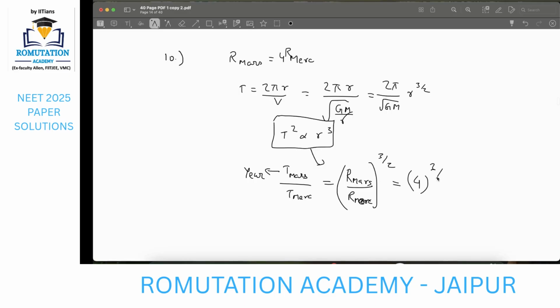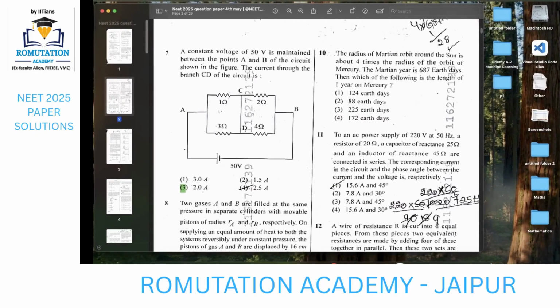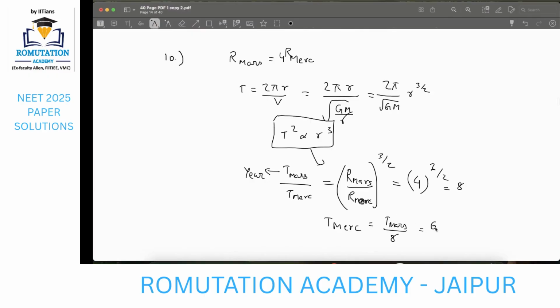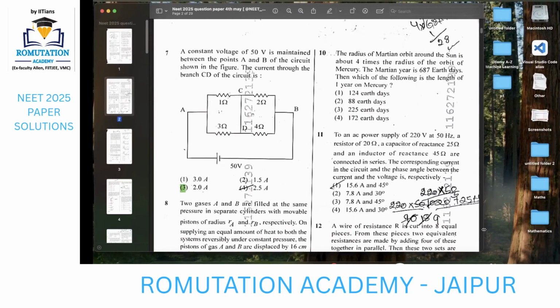So 4 to the power 3 by 2 comes out to be 8. So the year of Mercury, that is the number of days, should be Mars's number of days divided by 8. The number we are given is 687. 687 divided by 8 should come out to be about 8 and then 47, if I consider it approximately as 48, then that will be 86 days or something, right? If there is an option like that.